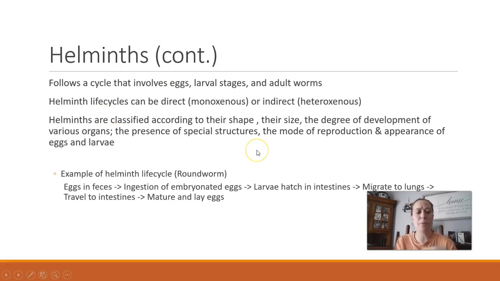In the bottom here, I included an example of a helminth life cycle, a roundworm life cycle. Essentially, it starts with the eggs in the feces, and then the eggs get ingested, and the larvae can hatch in the intestines, and then they migrate to the lungs and travel to the intestines, and then mature and lay eggs, and then it basically cycles all over again.